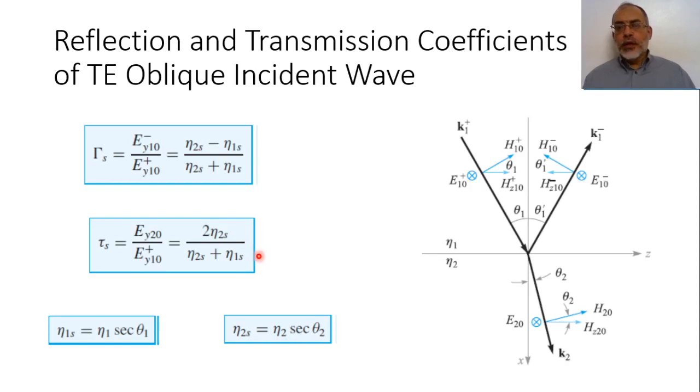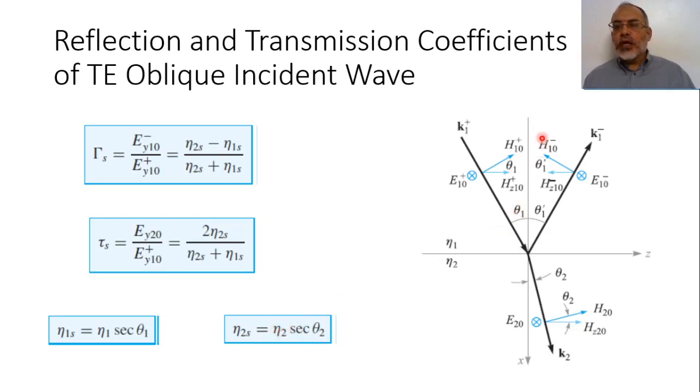Once again, if this TE polarization was normal incident such that theta 1 equals 0, in this case eta 1s would be eta 1 over cosine 0, so it would be eta 1, and eta 2s would be eta 2 over cosine theta 2, so it would be eta 2.